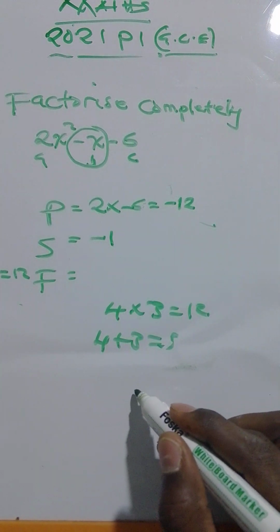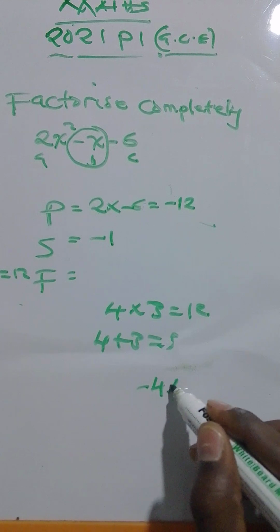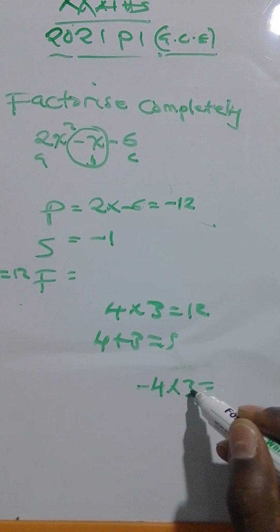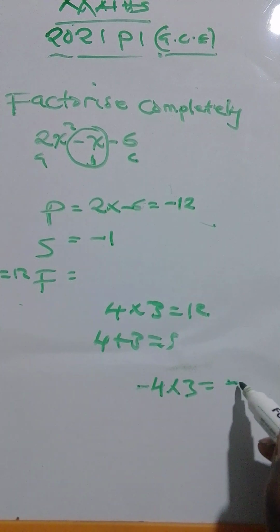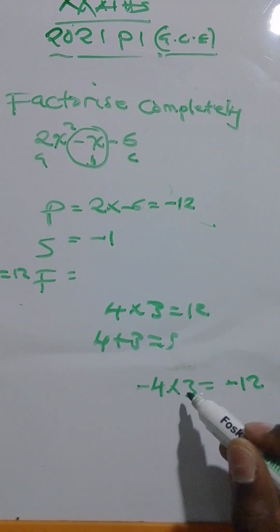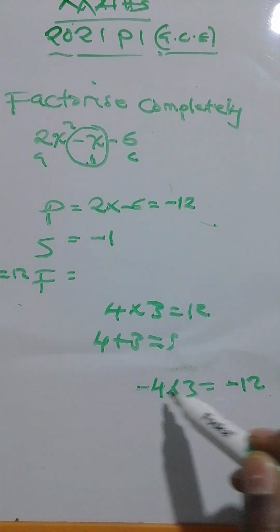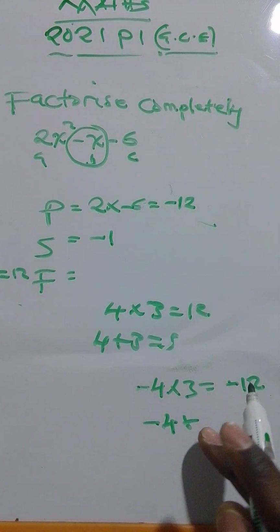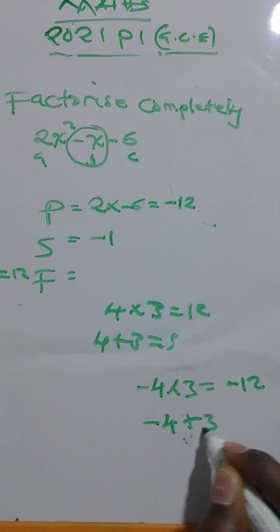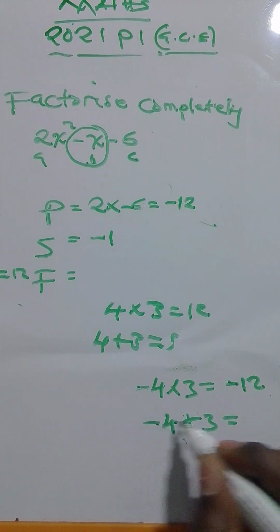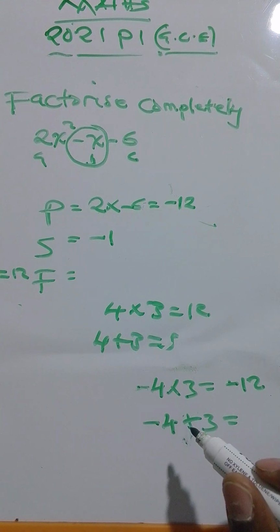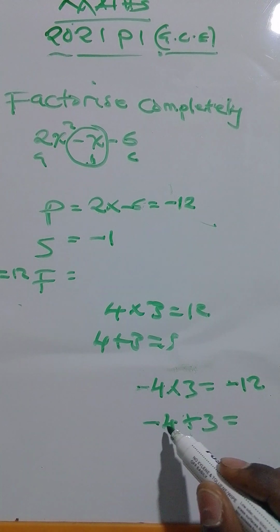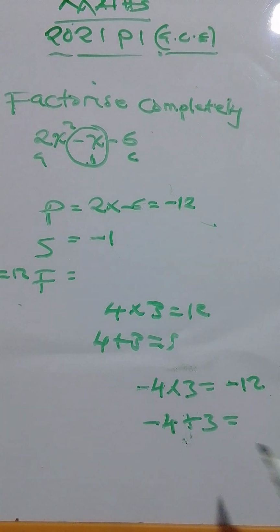If you say negative 4 times 3, because we have a negative times a positive, we are getting negative 12. So these two have given us this. But can we add these two to get negative 1? So let's say negative 4 plus 3. What are we getting? When the signs are different, we subtract and maintain the sign of the bigger number. Therefore, what I'm going to say is 4 minus 3, we're going to get 1.